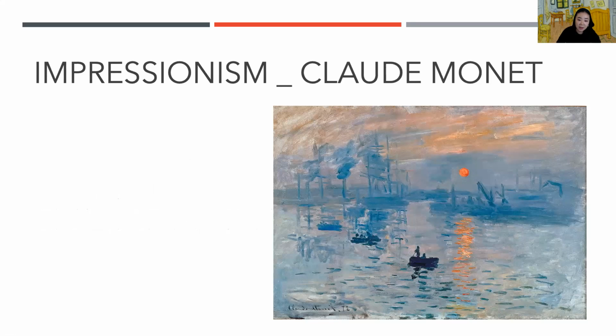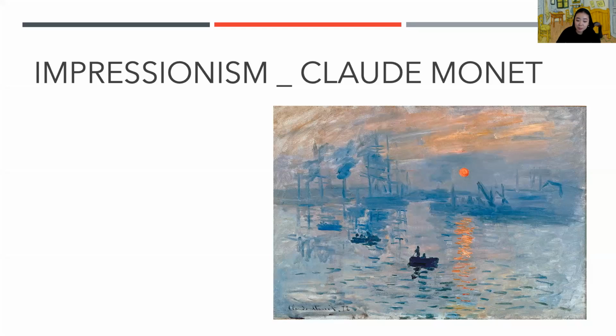This painting's title is Impression, Sunrise. It was first shown at what would become known as the exhibition of the Impressionists in Paris in April 1874. The painting is credited with inspiring the name of the Impressionist movement.